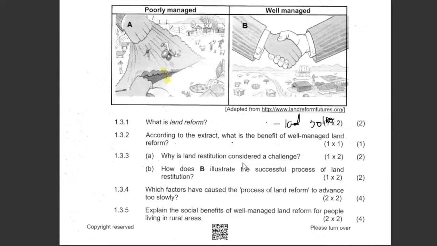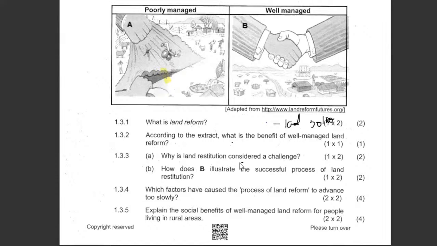So how does B illustrate a successful process? Because settlements are well established, farming and other activities are going on well on the land, infrastructures are also well developed, which signifies that really it has been a success. Than here, where you see things flying away because there is grabbing of land. People are dispossessed, the farm is disrupted, but here it's well established because a decision has been reached.